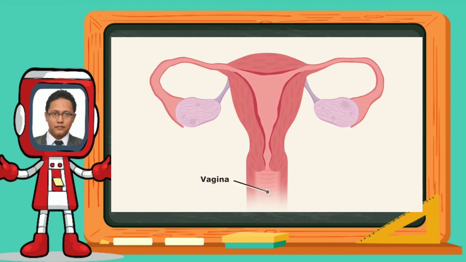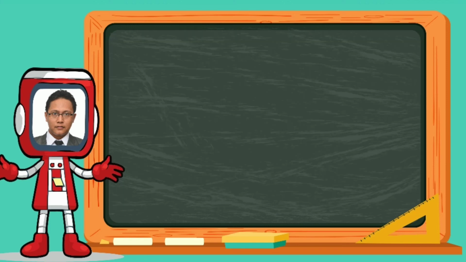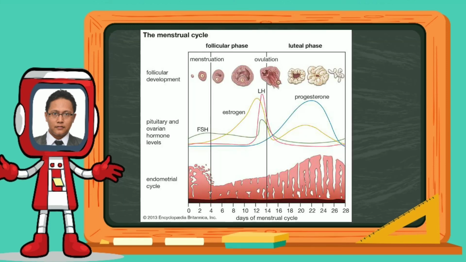Last question. A girl starts having her period on June 4. Remember that in our table, the start of the period happens on day 0, and 14 days later ovulation happens.